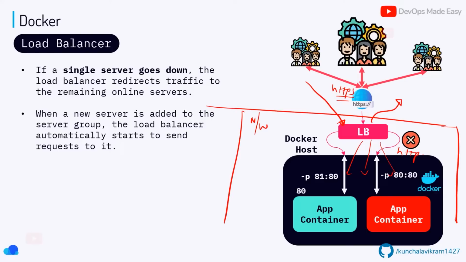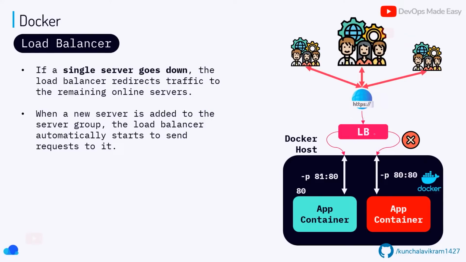Now there are various advantages of terminating TLS at LB or reverse proxy. Once you terminate here, you don't have to worry about inserting certificates into your applications, because TLS is terminated here and everything within your servers is plain traffic.